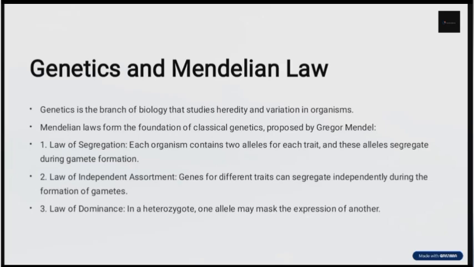So genetics is a branch of biology, first of all, which means it's not outside biology. It's an aspect of biology. Genetics studies heredity. What is heredity? How characteristics, how traits are passed down from parents to offspring.